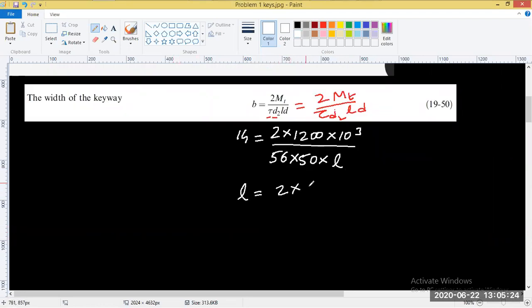So 2 into 1200 into 10 power 3 divided by 56 into 50 into 14. So once we just solve this, we'll get the value over here, what should be the length according to the given stress values.